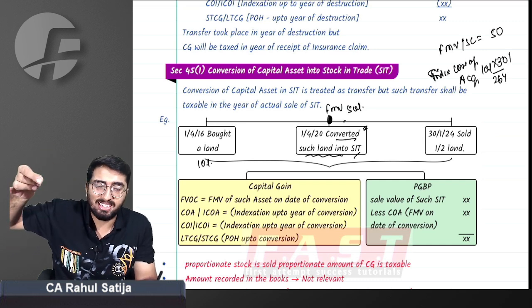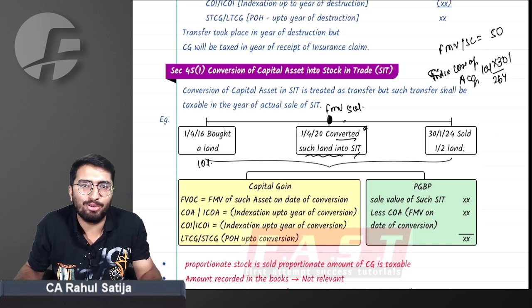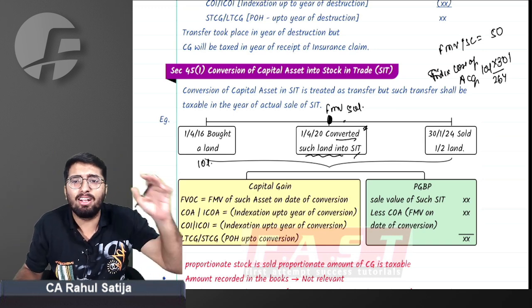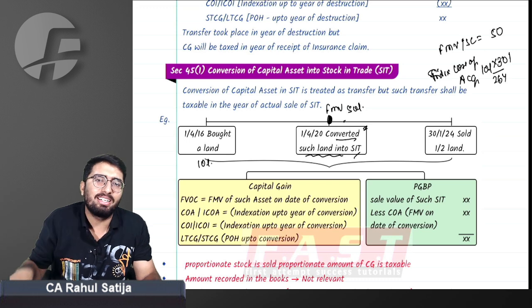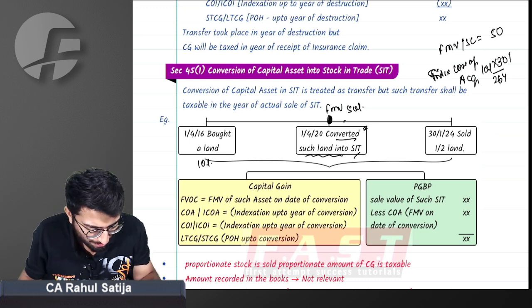Again, here you have to index till the year of transfer. You don't have to do indexation till the year of sale of stock in trade. Indexation is to be done till the year of transfer.